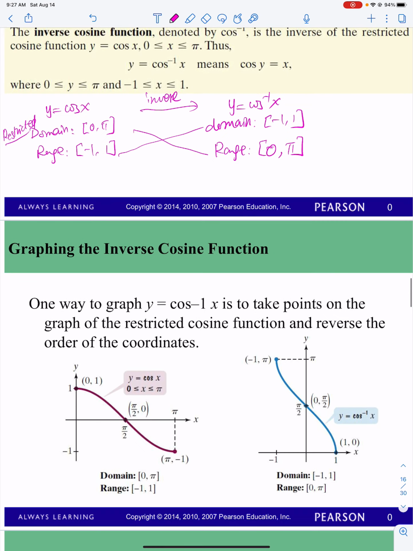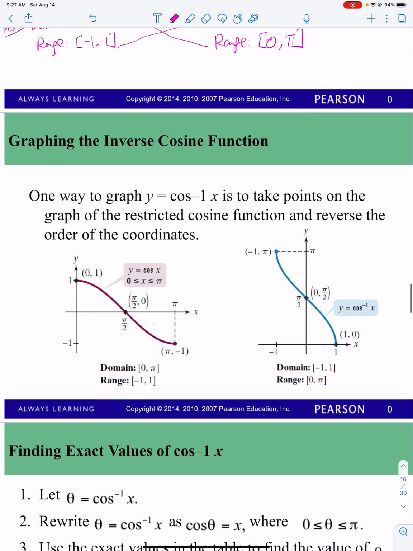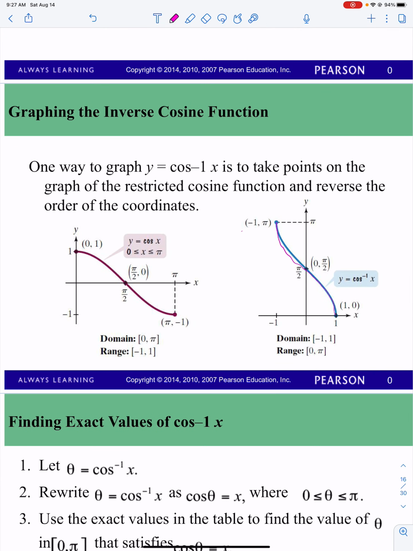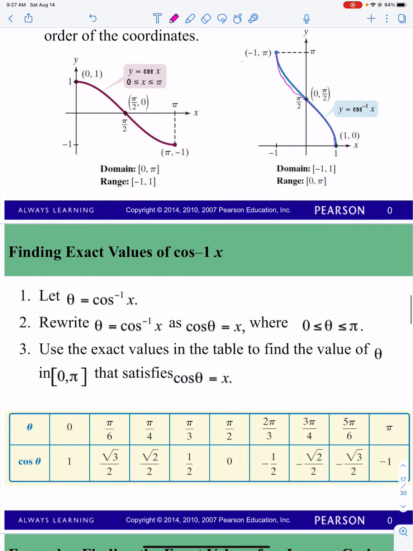Okay, so similarly we can draw the picture again. What will you do? You change your x and y coordinates, and you can get the picture of y equal to cosine inverse x. It is a little bit more difficult to draw than the sine inverse.